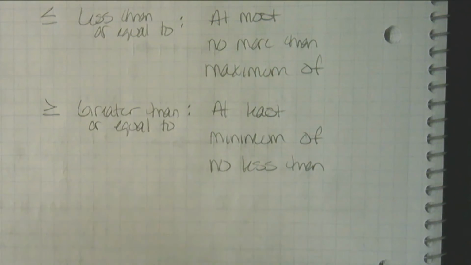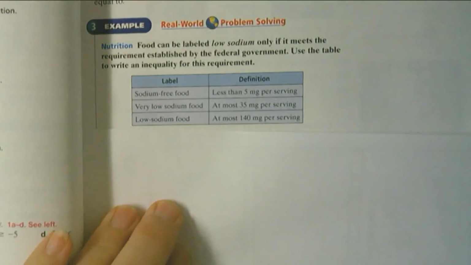So, remember, I want the variables coming first. All right, so I want to show you this, and I want you guys to do what this says. So you're using this table of data.